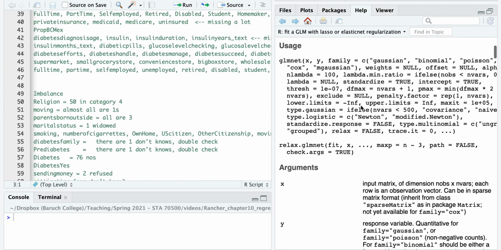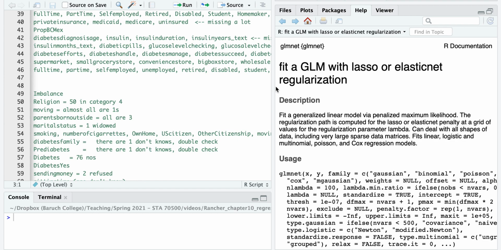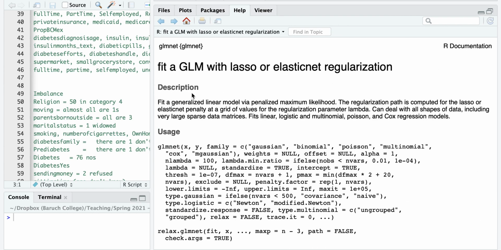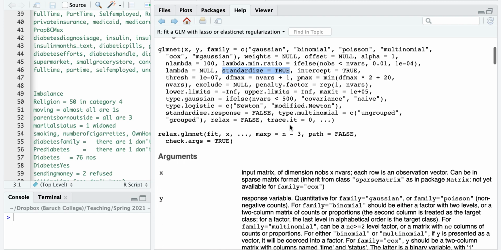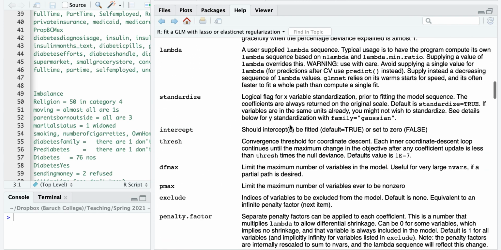Now in R, the glmnet package has many options. One of them is standardize=TRUE. So even if you don't set it, the default is true, meaning that prior to fitting, the predictors are standardized.